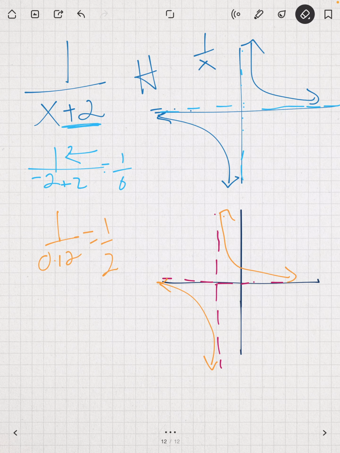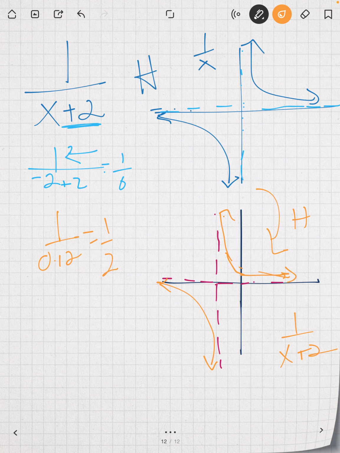And so if we look, my line is actually a little bit high. I thought it looked like a half. Something closer to that. And so this is our 1 over x up top, and this is our horizontal shift result, 1 over (x plus 2).